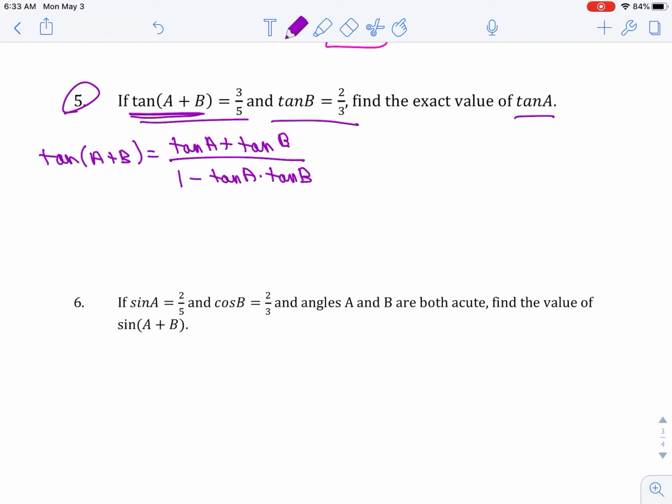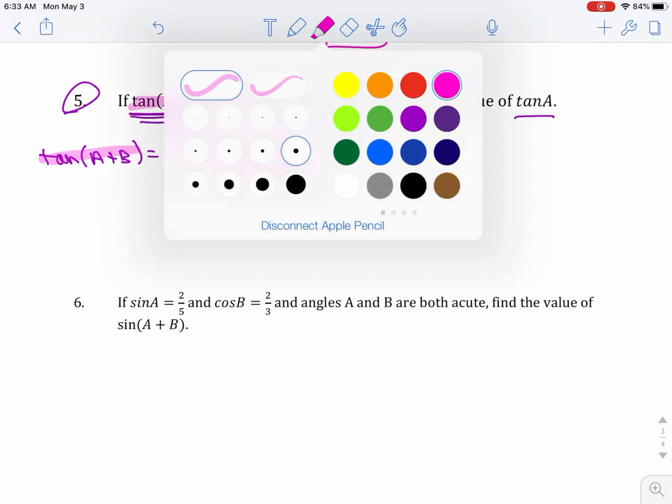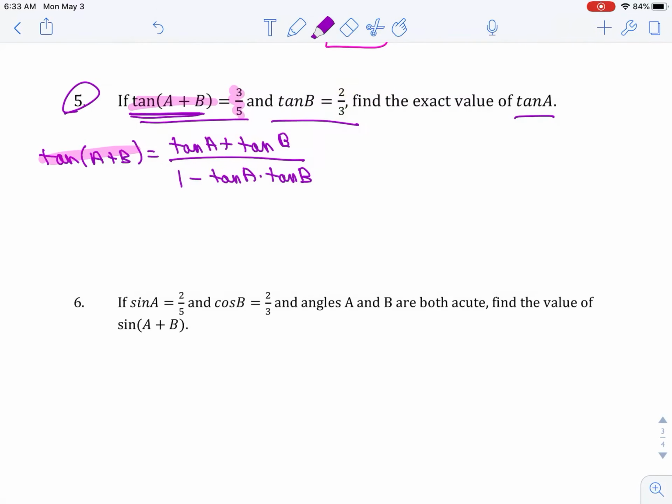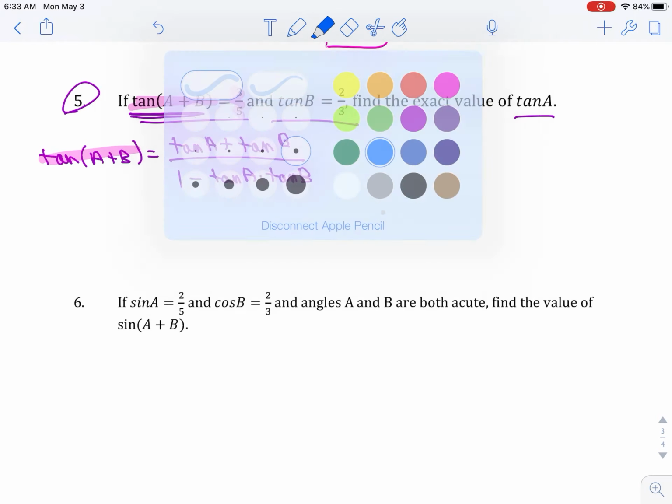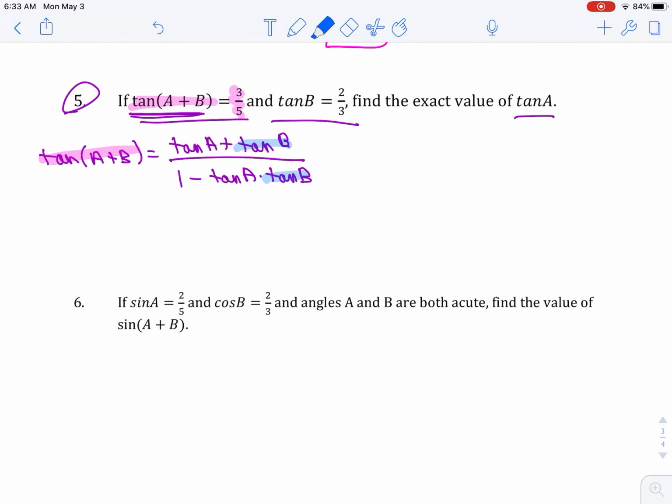Now, the trick on this one is that we know what the tangent of a plus b is. All right, we know what this side is. That's this, and that's 3/5. We also know what the tangent of b is. So we know the tangent of b in both of these places is 2/3. So we can sub that in.